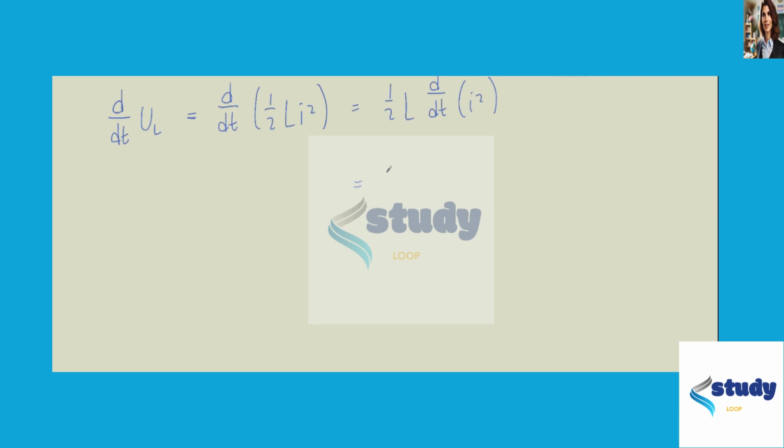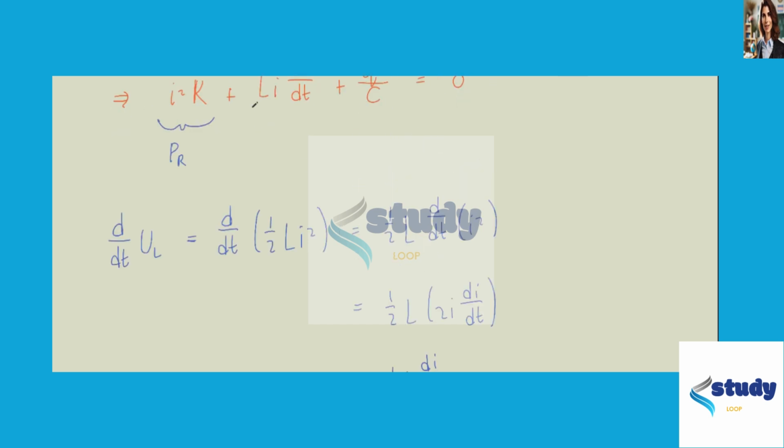And this is equal to a half times L times 2I di/dt. And hence we are left with L times I di/dt. And we can see that this is the second term. So this is the rate at which the energy that's stored in the inductor is changing. So we'll call that PL, the power of the inductor.